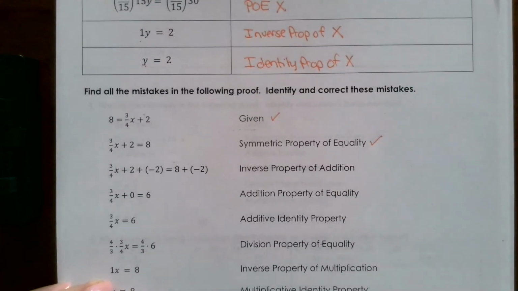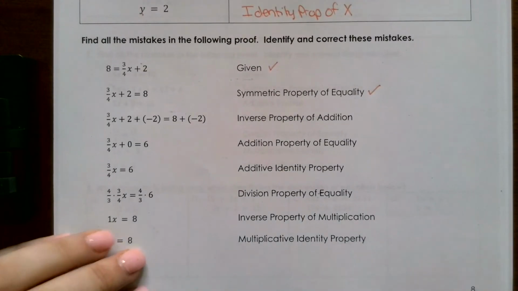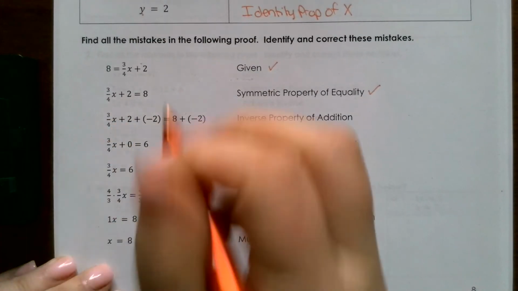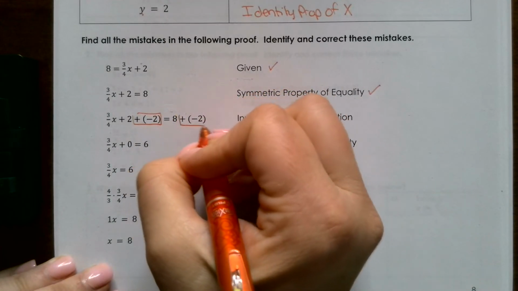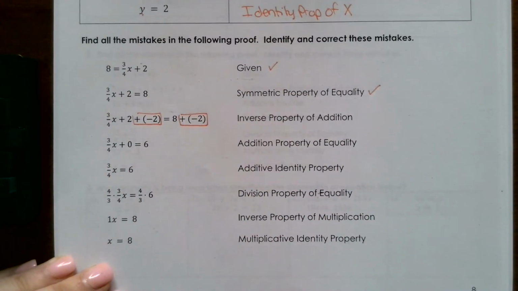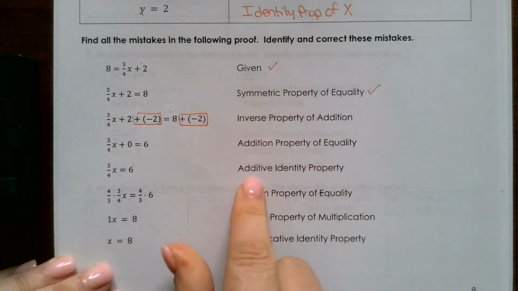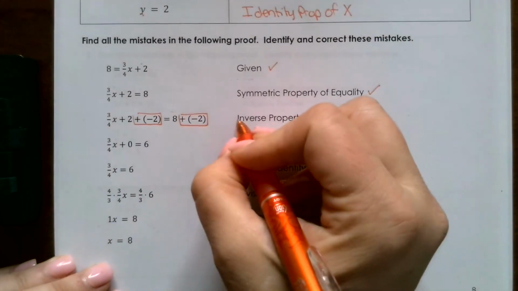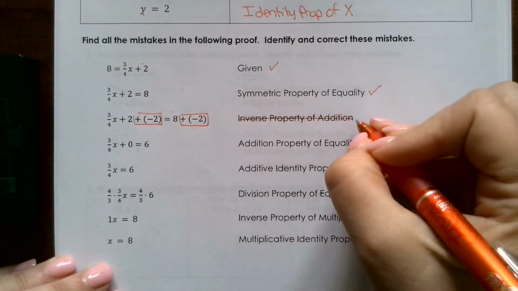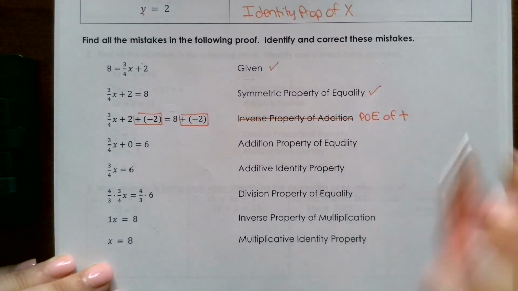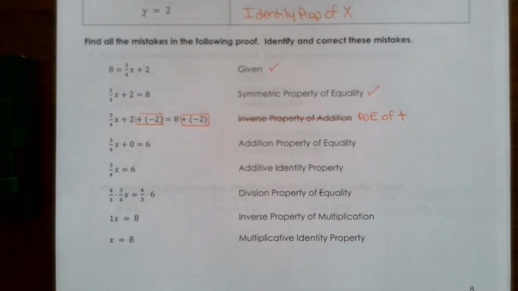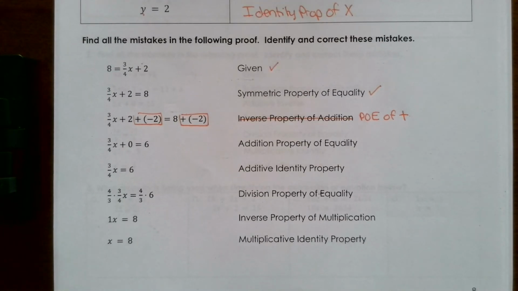So that step works. From here to here, it looks like I'm adding a -2, adding a -2. They're calling it the inverse property of addition. I don't think we're there. I think it's the property of equality of addition. I think that I'm adding the same number to both sides. That's the property of equality.